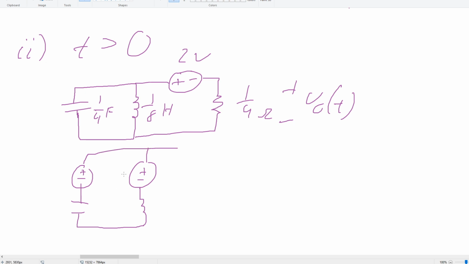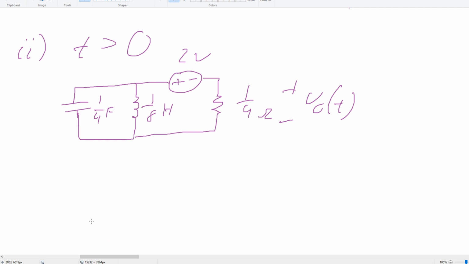And we can't really combine those, because it's a voltage source in series with a capacitor, in parallel with an inductor in series with a voltage source. So you can't really do anything there. The best thing to do is to change it into a current source, because if you have two current sources in parallel, you could combine those. And if you have two impedances in parallel, you could also combine those.